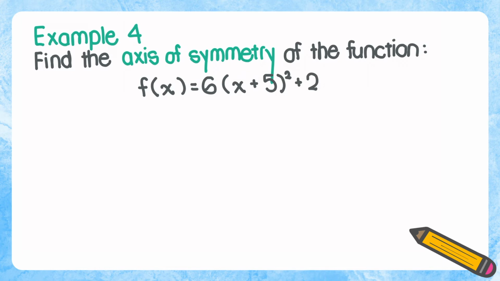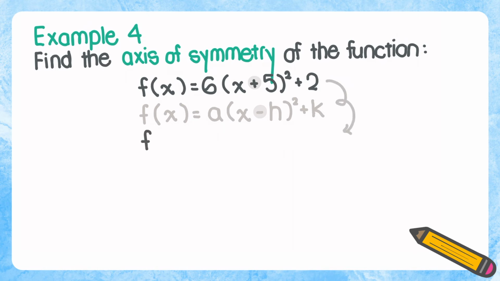Let's write the general vertex form and compare. F of x equals a times x minus h quantity squared plus k. Notice we do not have an exact match, so we need to rewrite this.